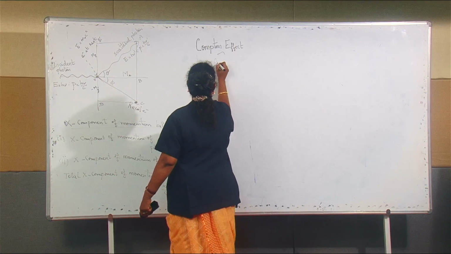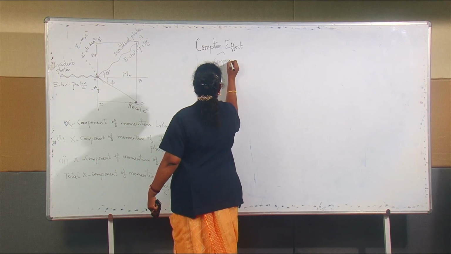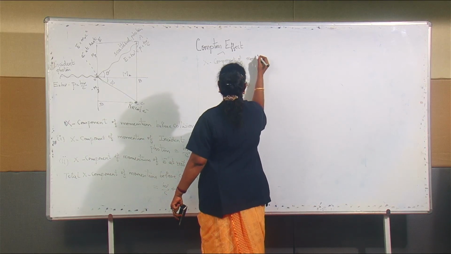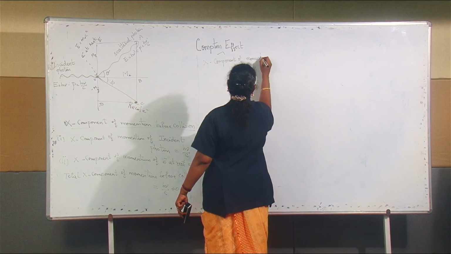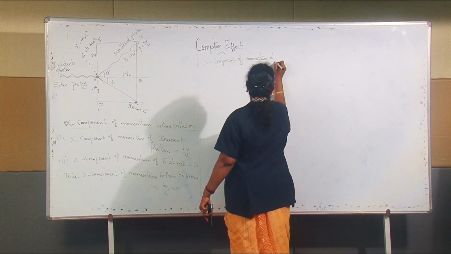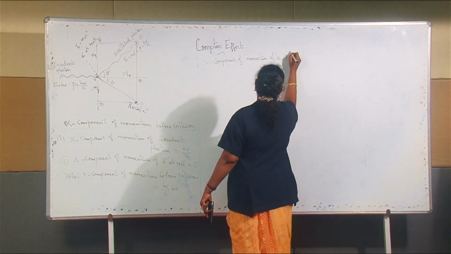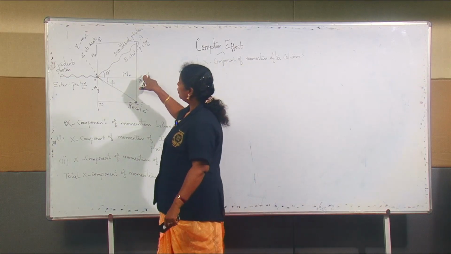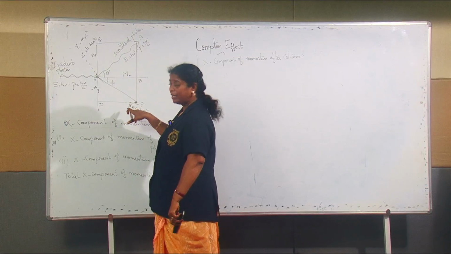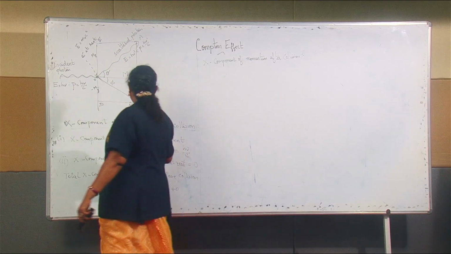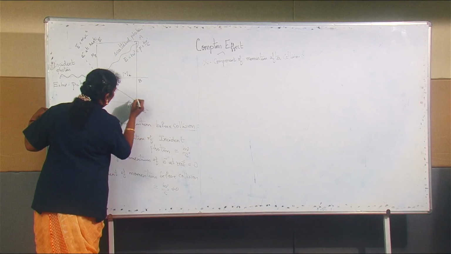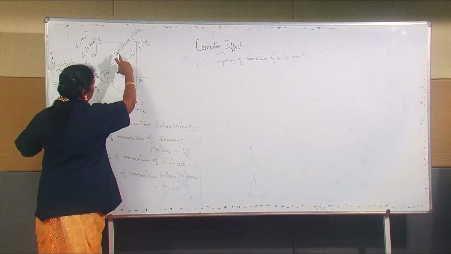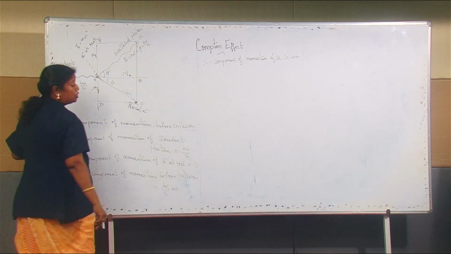The x component of momentum after collision. In this after collision we have two things, one is the scattered photon, another is the recoil electron. The momentum of the recoil electron is nothing but mv, we all know it is mv, and for the scattered photon it is h nu dash by c.